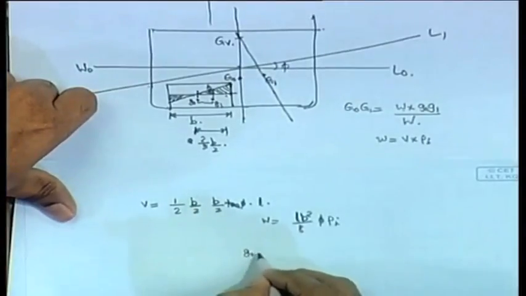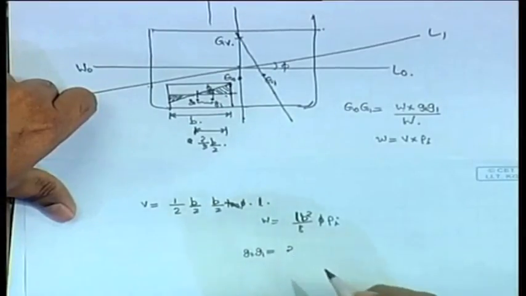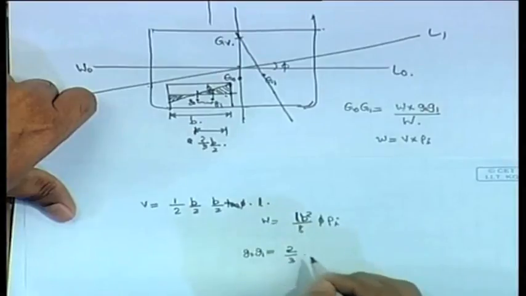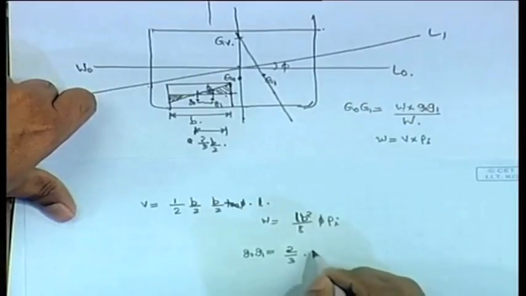Then G0 G1 is already given. Now, what is G0 G1? It is 2 by 3 into b by 2, that is, b by 3.